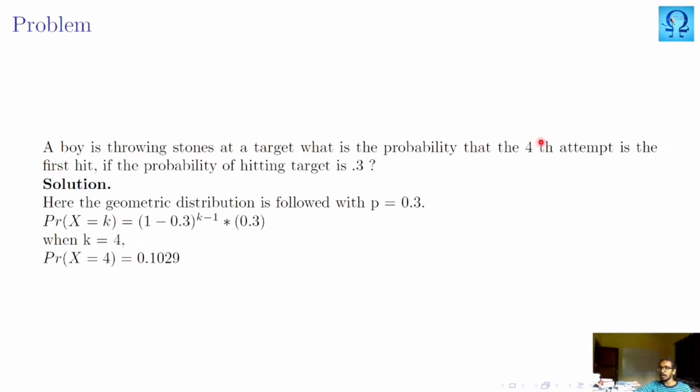In the fourth attempt he obtained the success, which means in the first three attempts he obtained failure only. So you just have q as 0.7, that is 1 minus 0.3, to the power 4 minus 1, that is 3, multiplied by 0.3. When you multiply it, you get some value. This is the probability of obtaining the first success in the fourth attempt.